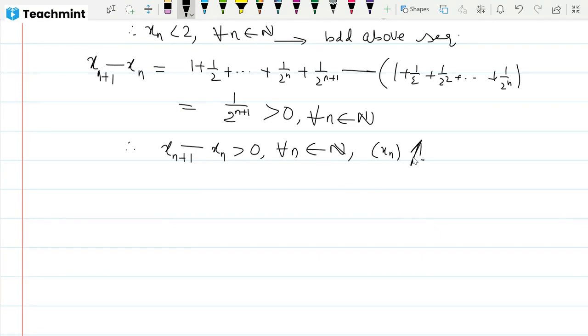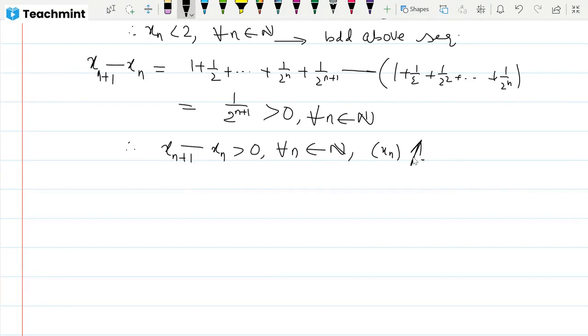Okay, previously we have discussed this one. If this difference is positive, then the sequence is increasing. If the difference is negative, the sequence is decreasing.